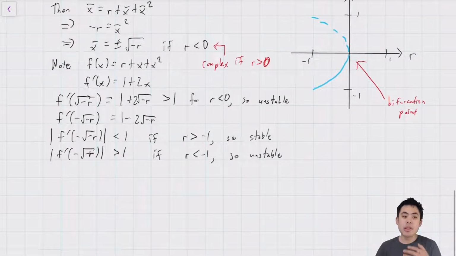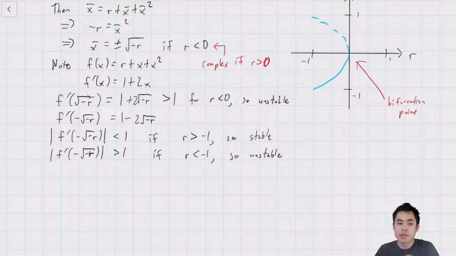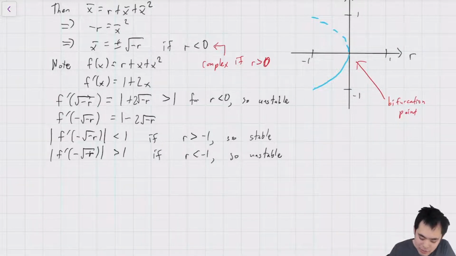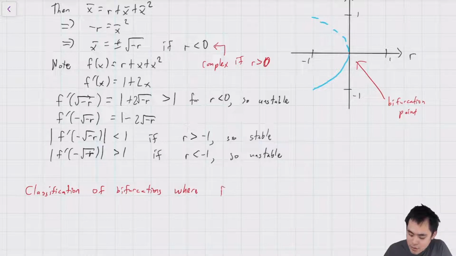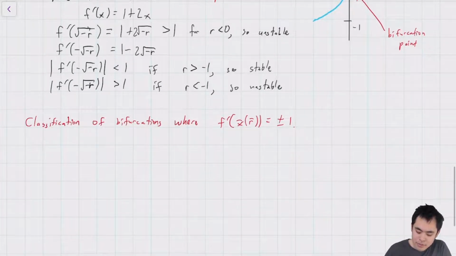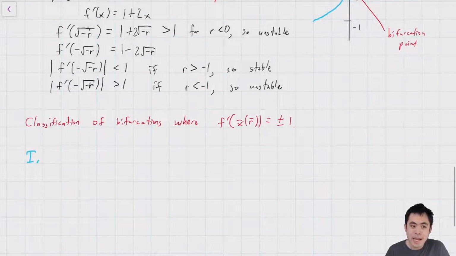It turns out that we can actually classify most of the basic bifurcation types. Recall that the basic bifurcations are the ones where the first derivative f prime is plus or minus 1. So let's classify those. Classification of bifurcations, where f prime of x bar of r bar is equal to plus or minus 1. The first one we'll see is exactly what we just saw.